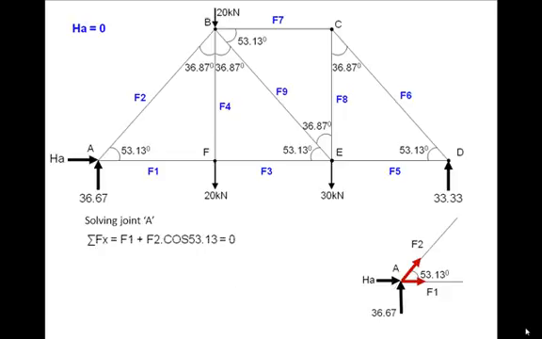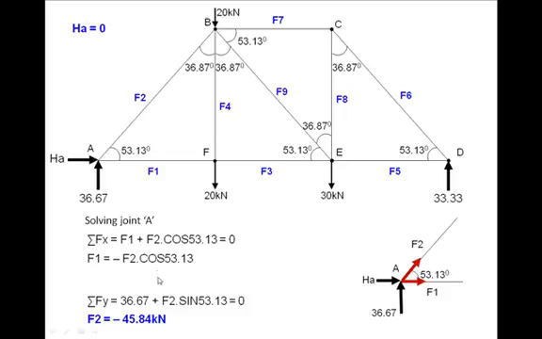We write sigma Fx: F1 + F2 cos 53.13 = 0. HA has to be there, but HA is 0, that's why we have not written it. Then sigma Fy = 0: 36.67 + F2 sin 53.13 = 0. From this equation we can solve F2, put it in the first, and get F1.